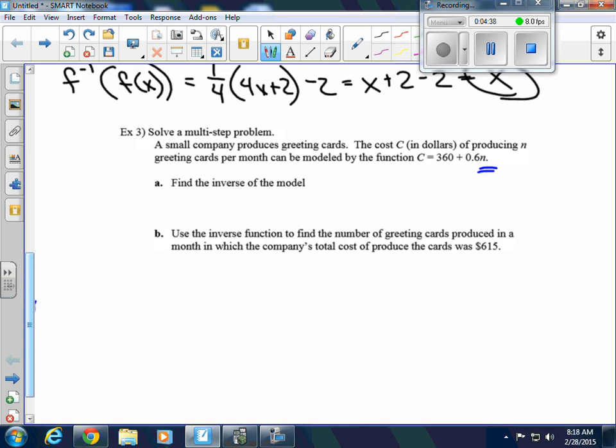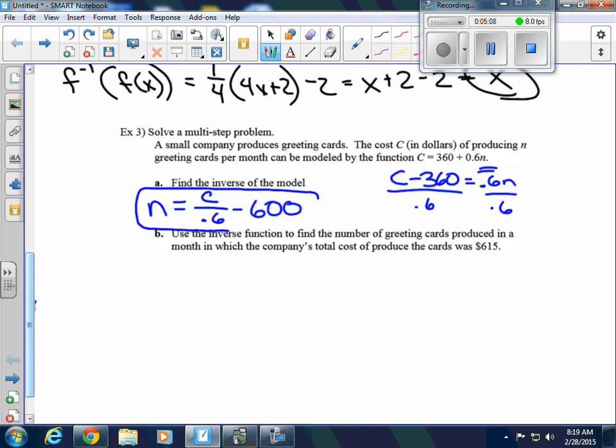So we're going to go and subtract that. C minus 360 equals 0.6n. And then we divide both sides by 0.6. And so we're going to end up with an inverse function of n equals C over 0.6, and then 360 divided by 0.6 is 600, so it's going to be minus 600.